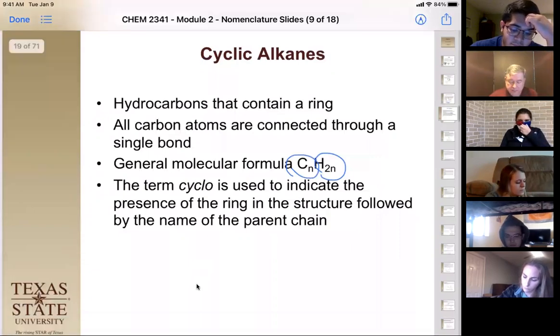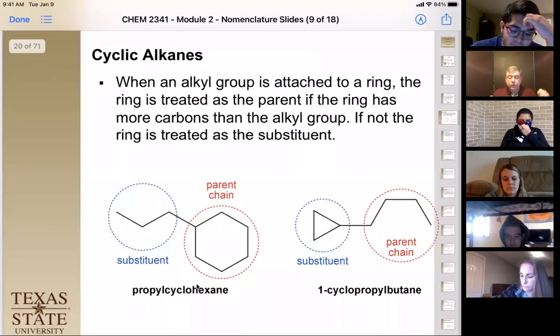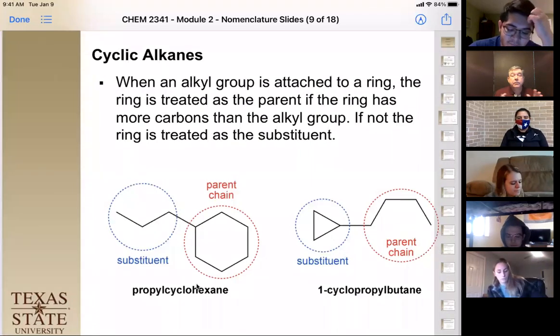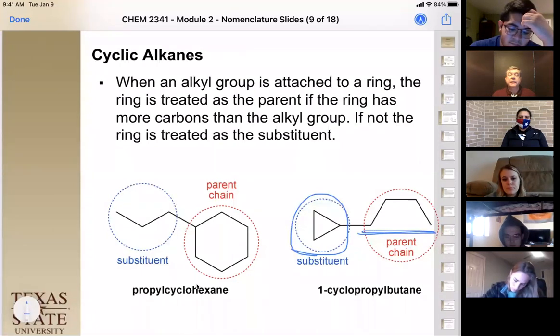Okay, so it's the number in the ring, not the total number of carbons you have. All right, so let's take a look at that. So when you have names for cyclics, you look at which chain has the greatest number of carbons. Okay, and that's the parent. Okay, so notice that here we have 3 carbons in this, but we have 4 carbons on the other side.